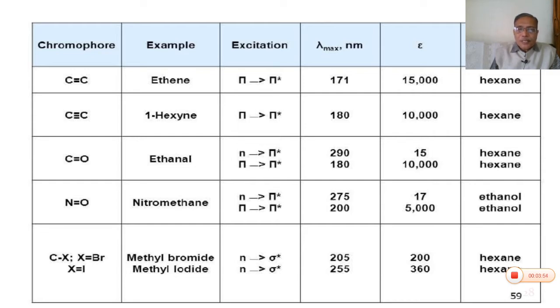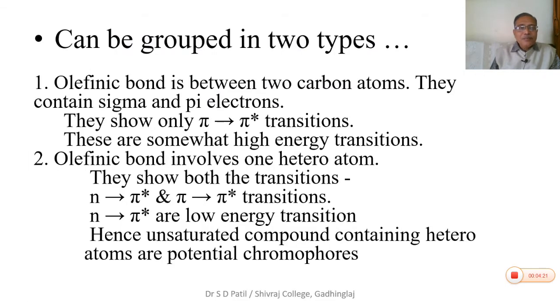If along with a multiple bond a heteroatom is there, then these compounds show n to pi star and pi to pi star transitions. So this list explains various chromophores, their lambda max values and intensity of absorption in a proper solvent.